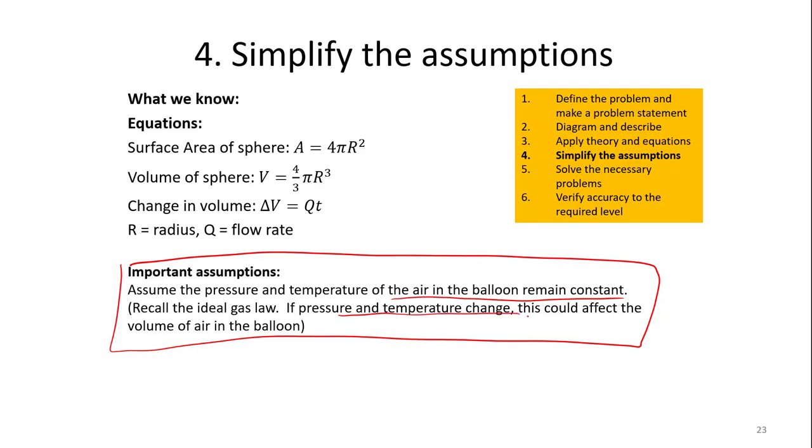And so for the purpose of this question, we're told we can assume that pressure and temperature are not changing and not affecting our balloon volume. So because of this assumption, we can go ahead and just perform our calculations. We don't need to do any corrections for non-ideal gas effects.